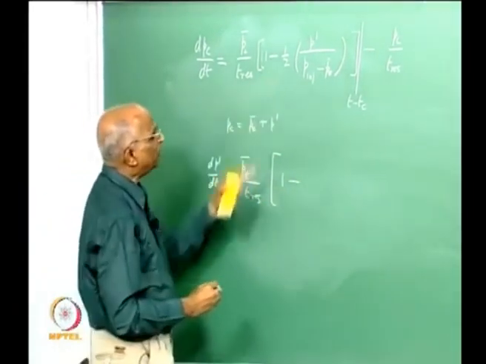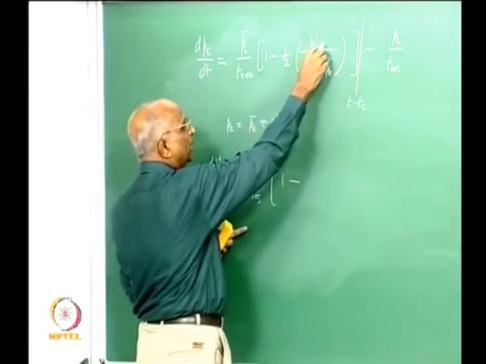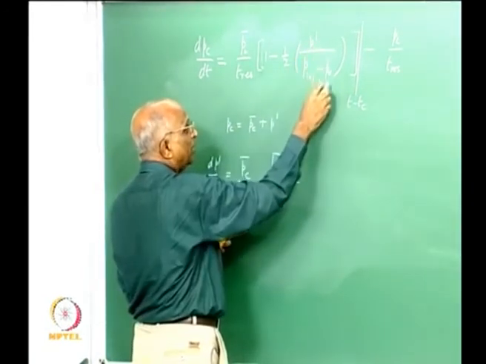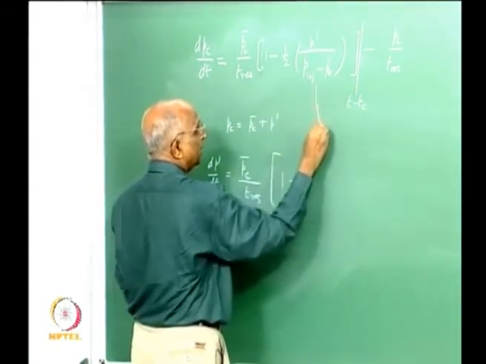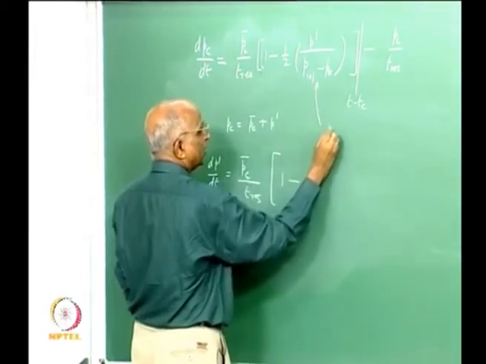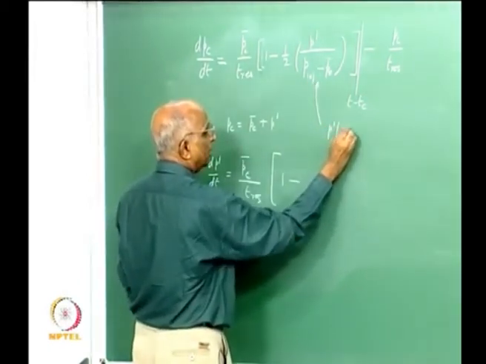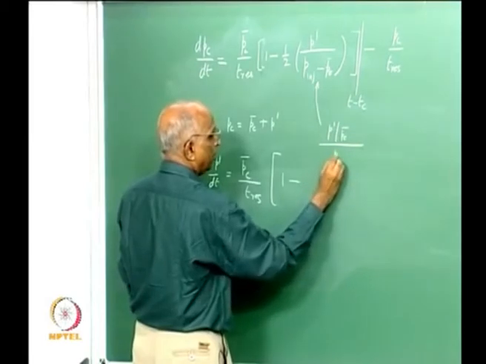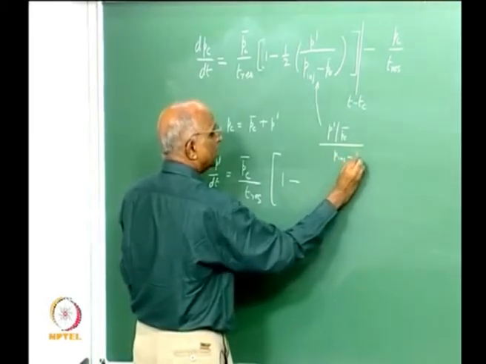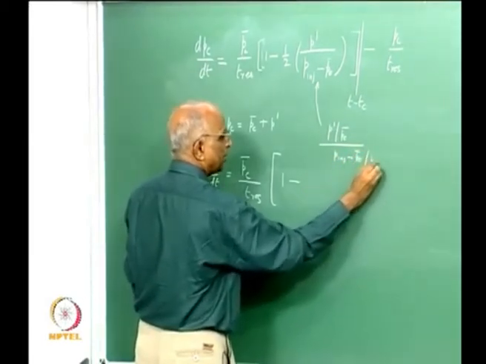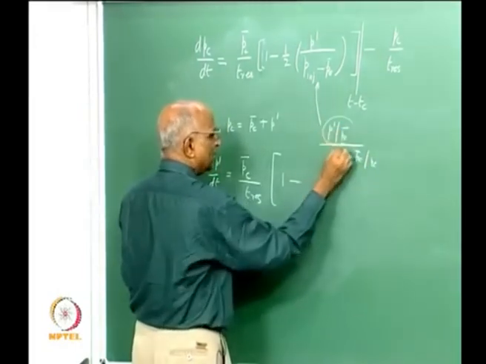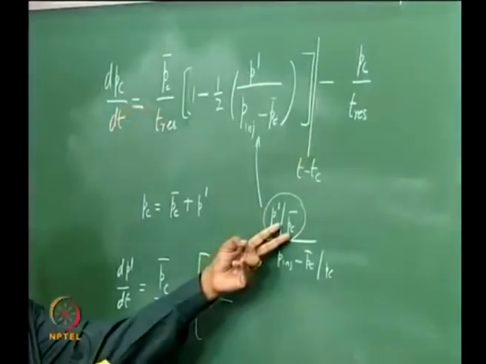If I divide the numerator by Pc bar and denominator by Pc bar, I can write this within brackets as P prime by Pc bar divided by P injected minus Pc bar divided by Pc bar, and this is the magnitude of the perturbation above the mean.